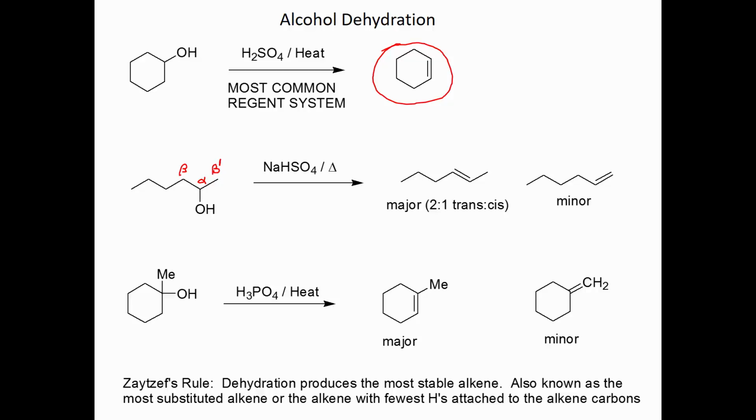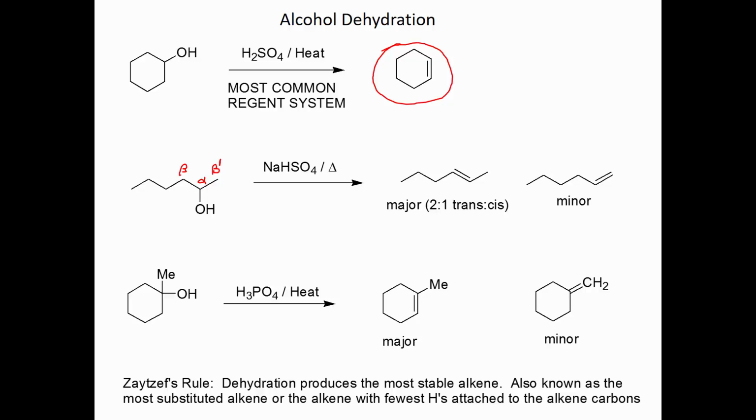So we're going to have the beta carbon that I just called beta, and then I'll call it beta prime. By the way, it's not really reagent specific. Pretty much any acid reagent is going to produce a similar ratio of compounds.